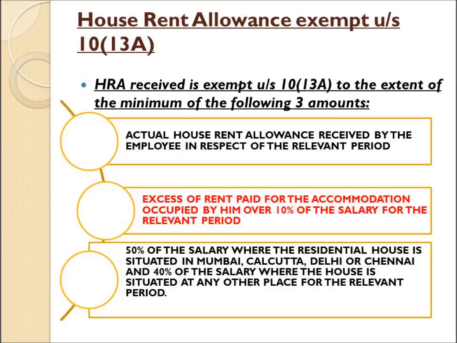This term relevant period is very important for this section because it may happen that the employee may shift to some other place during the year. So we don't calculate the exemption of this allowance on an annual basis. Rather, we calculate it for a particular period of time when the given conditions remain similar.